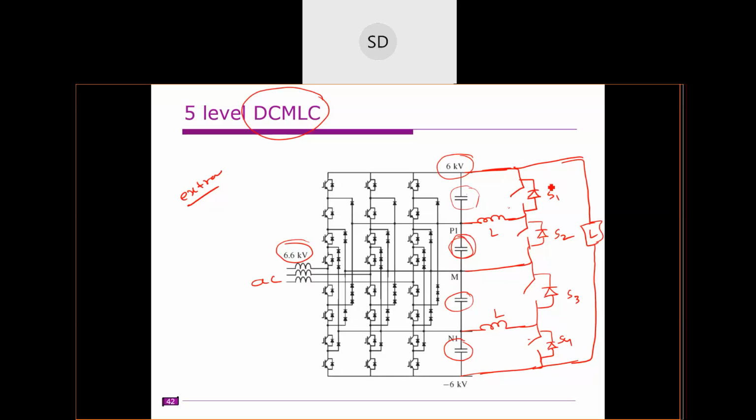Now the question is, what is the blocking voltage of the switch S1? Anyone? What is the blocking voltage for the switch S1?